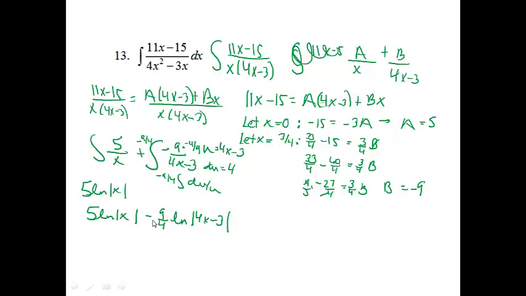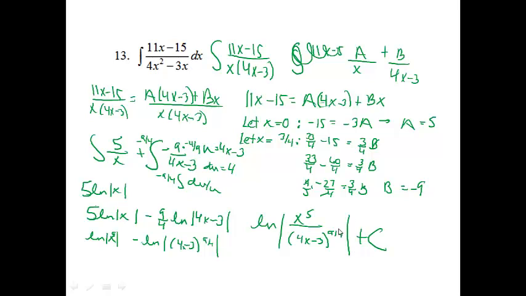If we moved our powers, we'll have the ln of x to the 5th minus the natural log of 4x minus 3 to the 9/4. And then I can combine them, so I'll have the natural log of x to the 5th over 4x minus 3 raised to the 9/4, and then plus C.